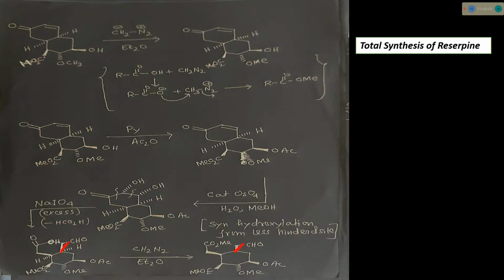Since in this step CO2H is formed, in the last step CH2N2 again, like the first step, the carboxylate ester will form. First carboxylate ester, then carboxylic acid, then again carboxylate ester, carboxylic acid to carboxylate ester, then again carboxylic acid in this step, then again carboxylate ester.